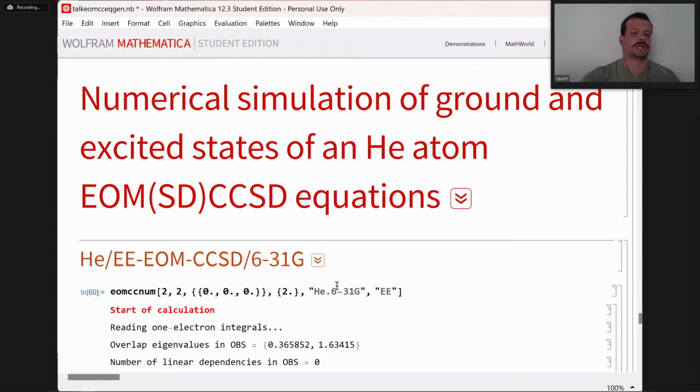So if we want to calculate the excited state and the ground state of helium, we can use this model that is CC-num, that is equation of motion numeric. So we have two electrons, two orbitals. The atom is centered. Here I'm using Cartesian coordinates. And we need to provide some integrals and also the methodology that we're using.